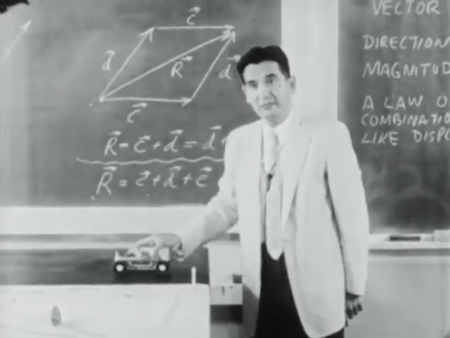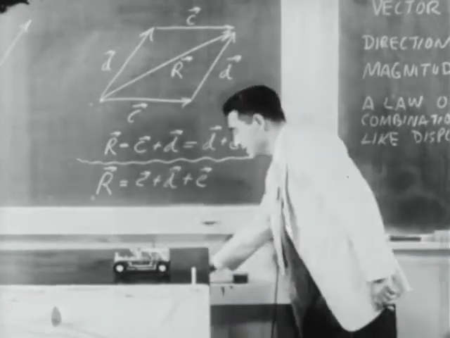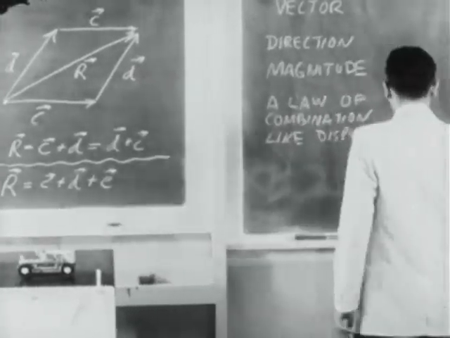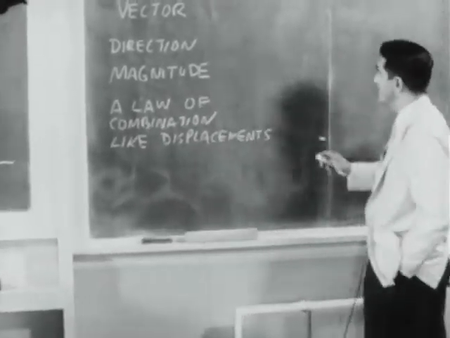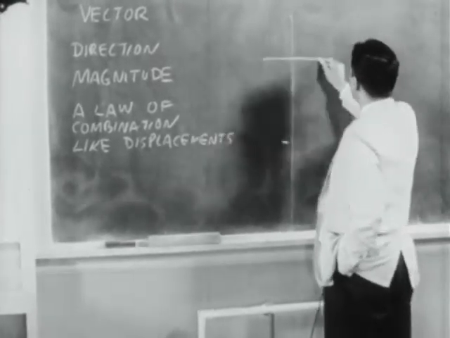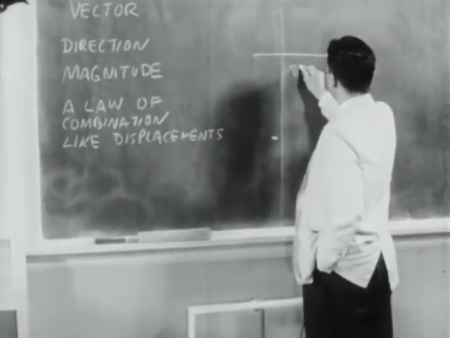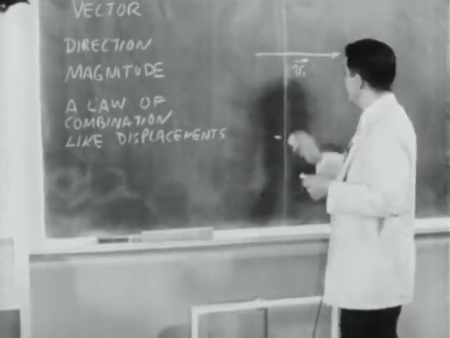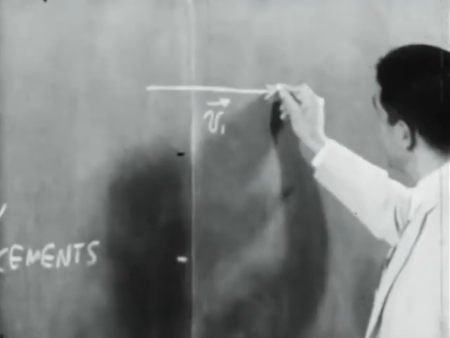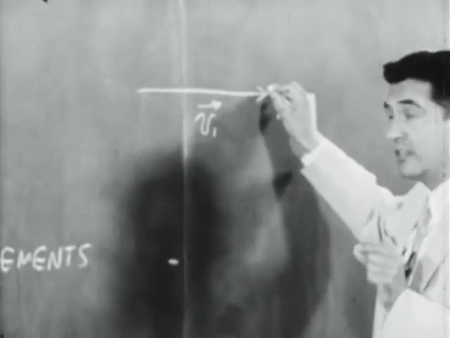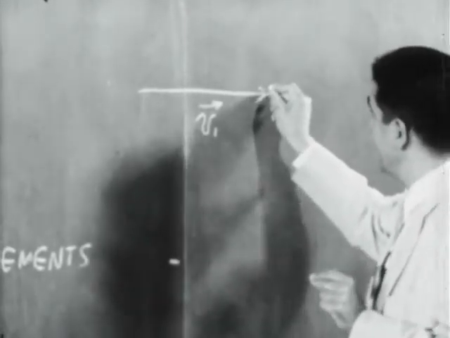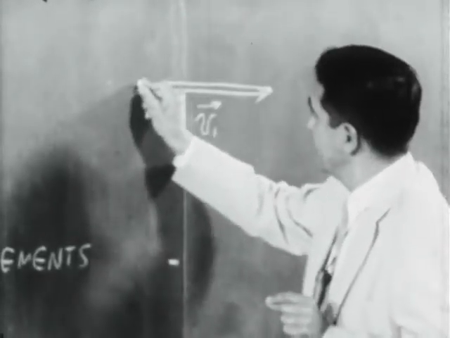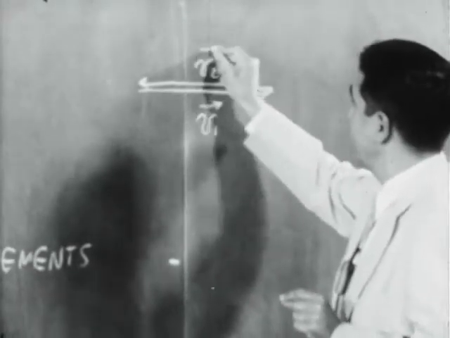Now, in vector language, how would we say that? I have shown in a very simple case, almost trivial case here, that if you have a velocity going like this, considered as a vector, if you add it to another velocity, now that means you see that I have to tag the foot of this one to the head of the previous one, and I have V2 like that.